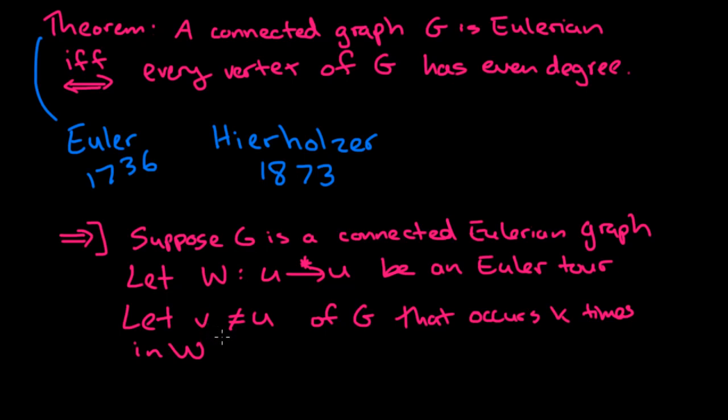So we have a vertex that occurs K times in the tour.